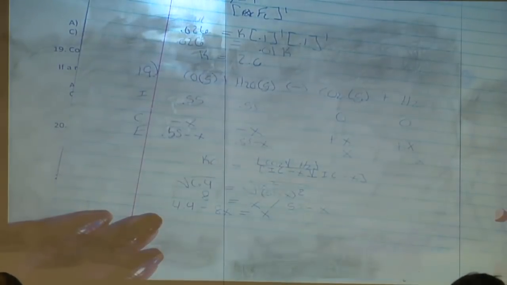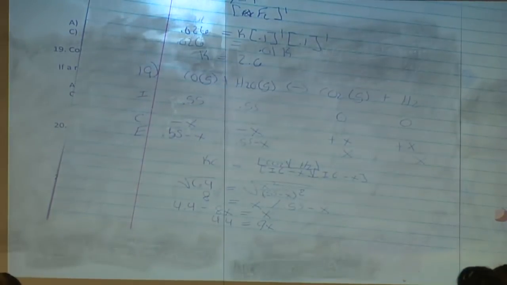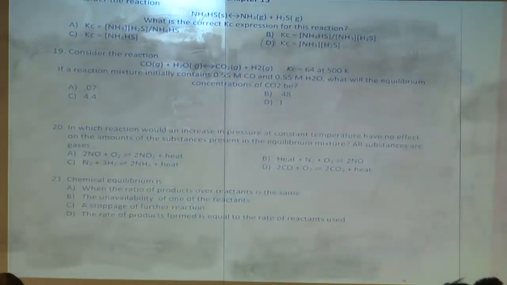So you get 4.4 minus 8x equals x. So now we're going to add the 8x to the other side, and we're going to get 4.4 equals 9x. And then 4.4 divided by 9 is 0.48. So we get B.